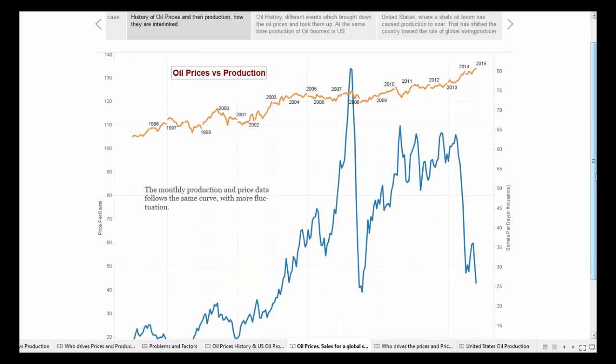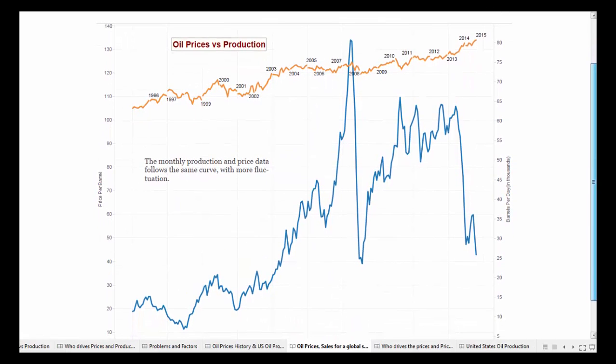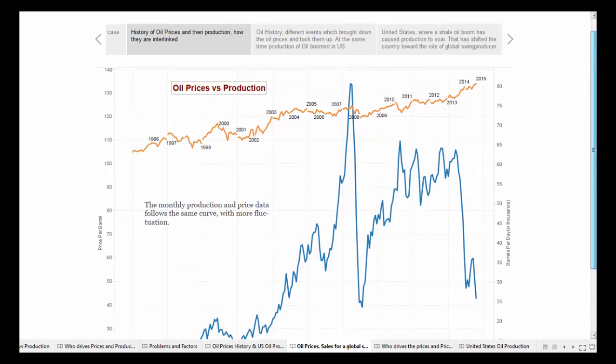We'll go further by analyzing how oil prices vary in the future. Over here we are trying to analyze oil production. The orange line depicts the production of oil and the blue line depicts the price per barrel for all these years. We can see that world oil production has generally increased since 1996 to more than 80 million barrels a day from 63 million barrels.